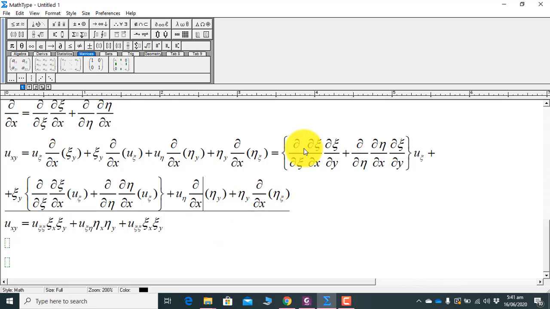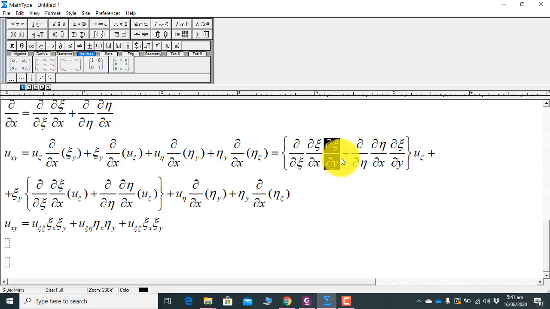And for that reason partial over partial x was replaced by partial over partial xi, partial xi over partial x, and we had initially as well partial xi over partial y.